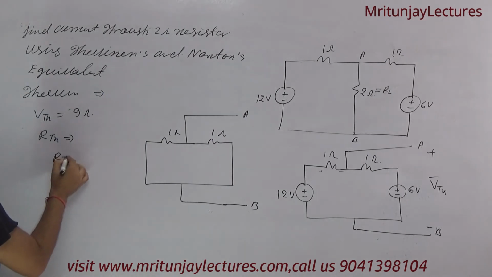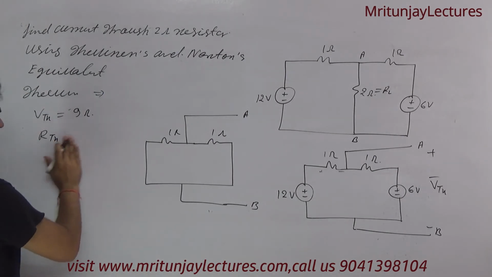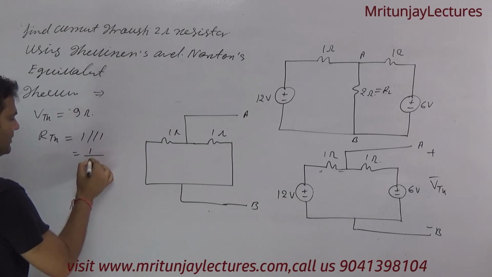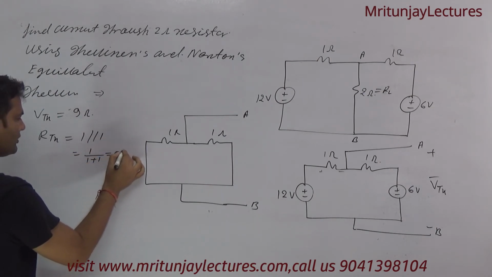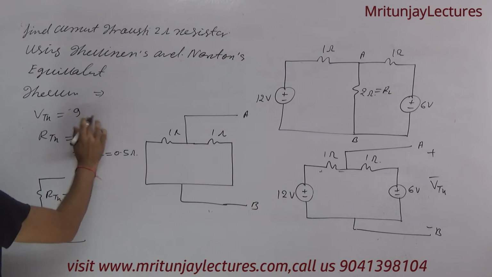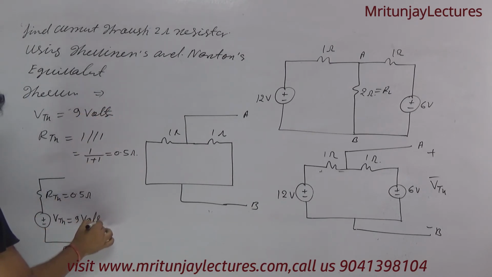So what about RTH? RTH is written as 1 parallel 1, so 1 divided by 1 plus 1, that is 0.5 ohm. So finally our circuit looks like this: RTH is 0.5 ohm and VTH is 9 volt. Sorry, silly mistake here. 9 volt.